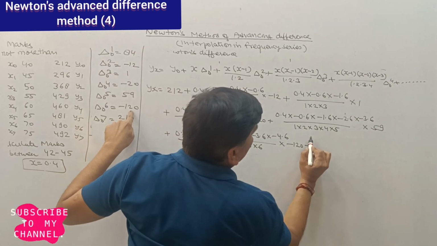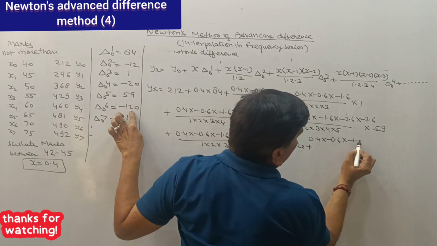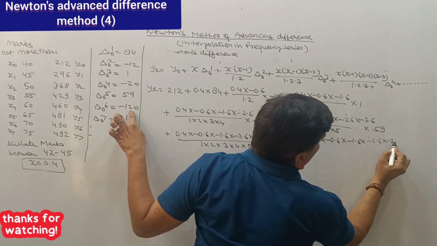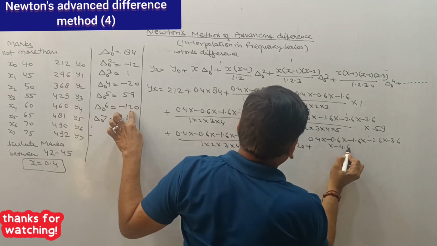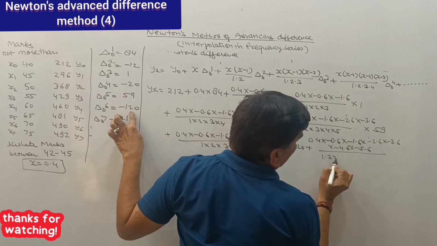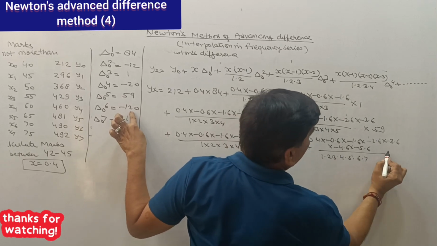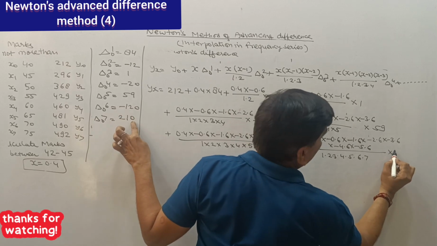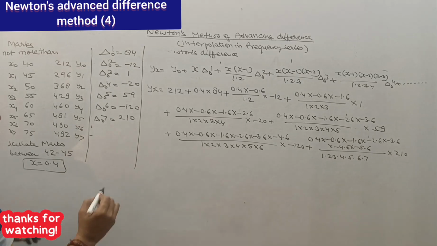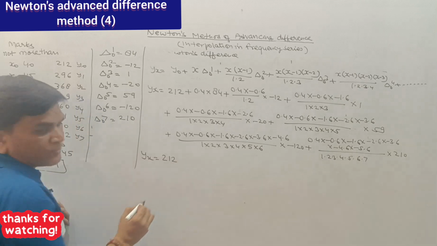And last one, 0.4 multiply minus 0.6 multiply minus 1.6 multiply minus 2.6 multiply minus 3.6 multiply minus 4.6 multiply minus 5.6 divided by 1 multiply 2 multiply 3 multiply 4 multiply 5 multiply 6 multiply 7, multiply the last value, 210. So we have to calculate it like this. Now get the value of yx. First one is 212.